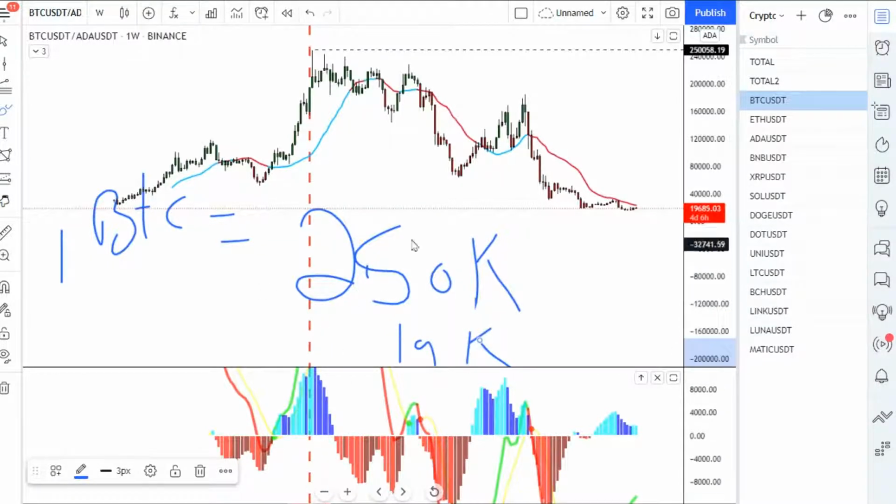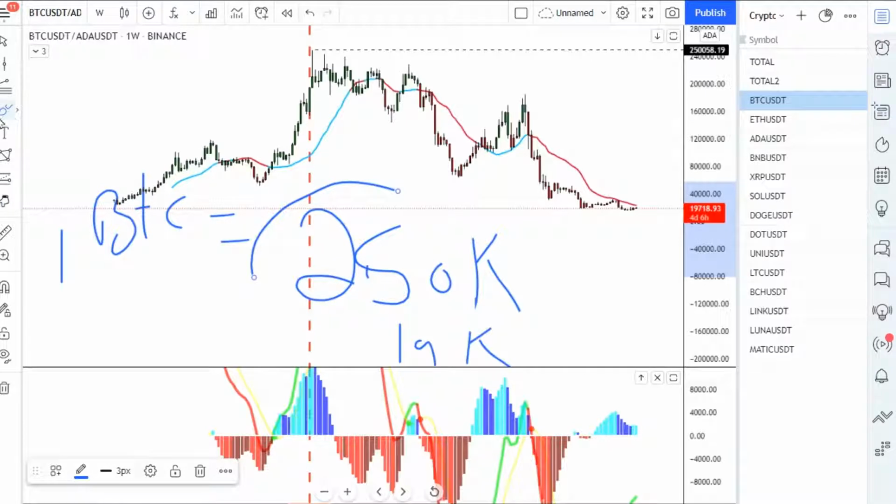So if you divide this over this, you can see the ratio between Cardano at that time and Bitcoin at that time, how many times Cardano grew compared to Bitcoin. You can run it. It's probably over 10 right here. So 250,000 divided by 19,000, that's 13 times.